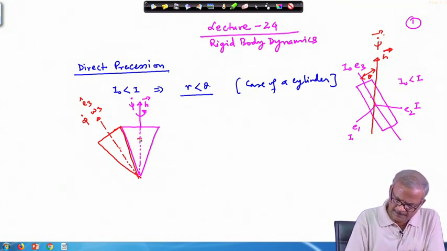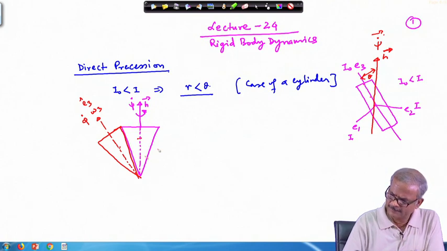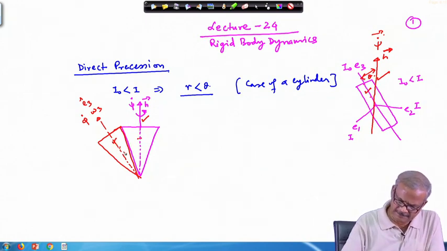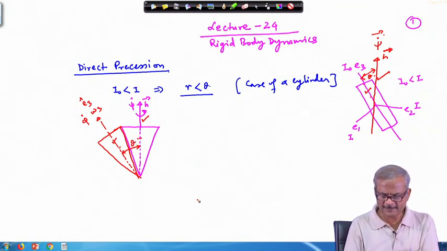The angle between this and this, as you can see, this line is shown here and this line is shown here like this. So, the angle between these two lines is theta. The theta angle appears like this. And what is the gamma angle?